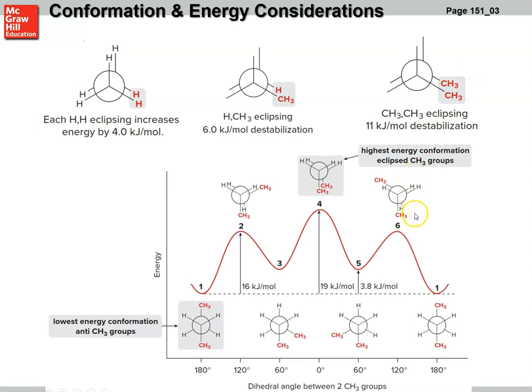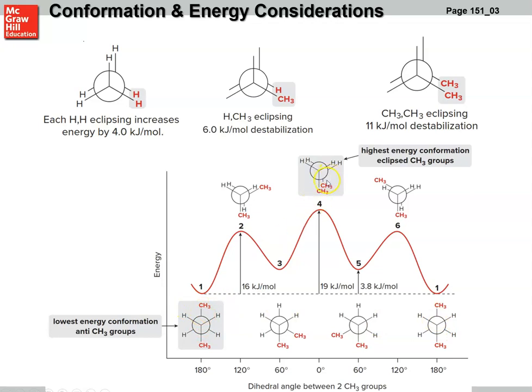And we can look at this and rotate these all the way around. So if we have this compound here where we have these two methyl groups coming off, we can see that the highest energy level is when both of those methyl groups are in the eclipsed form, and the lowest energy levels are on the outsides here, where those two are on opposite sides of the atom in the staggered form.